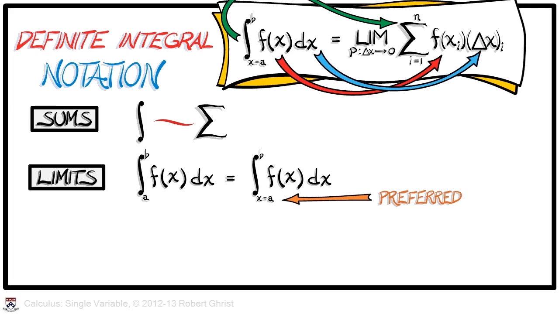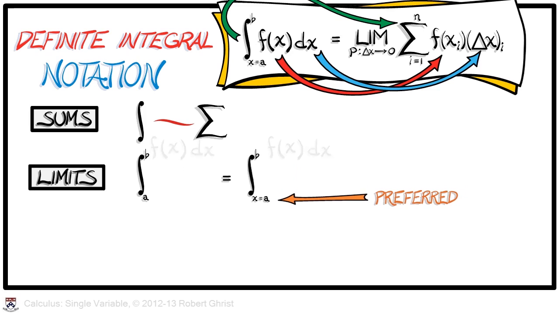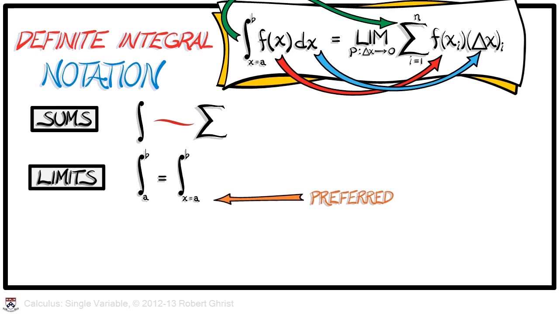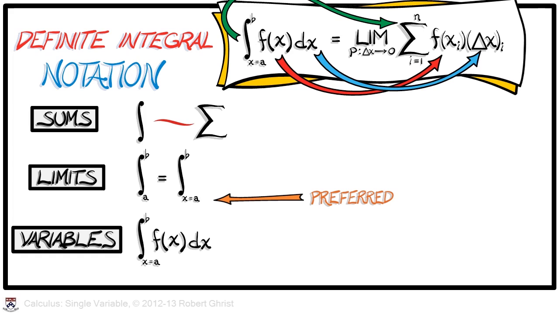I'm not always going to use that notation, but I will sometimes, and I suggest you do likewise. Sometimes we'll be sloppy and just write the integral from a to b. Lastly, the variable with which you do the integration is not so important. The integral of f of x dx, as x goes from a to b, is the same as the integral of f of t dt, as t goes from a to b.